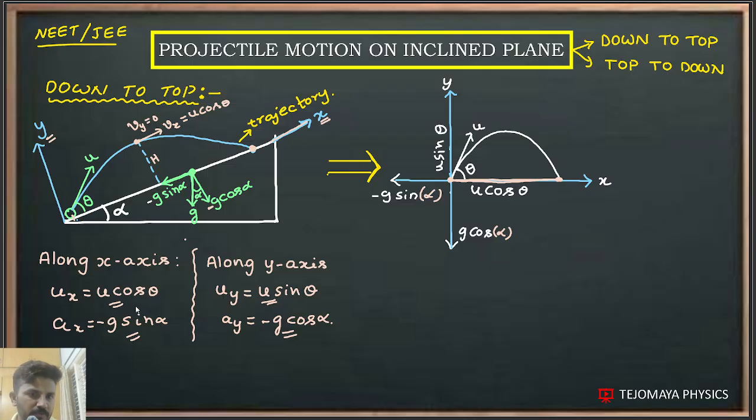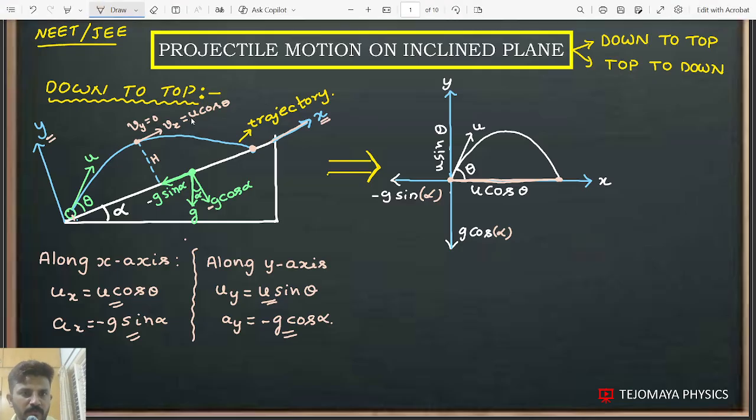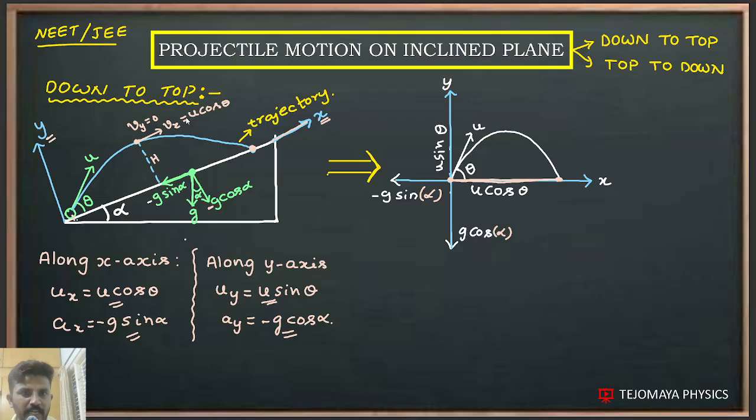So at maximum height, its velocity is u cos theta and we have to consider acceleration due to gravity.